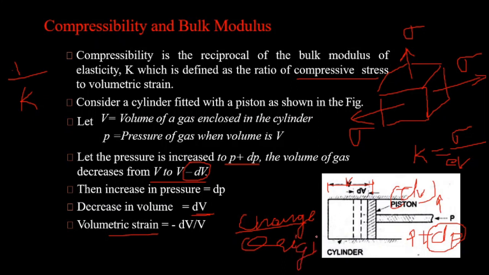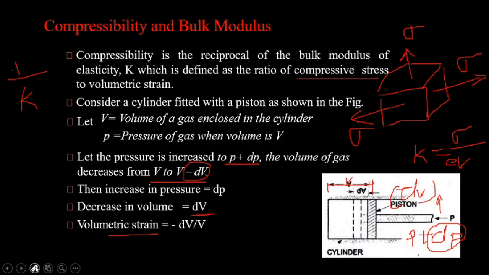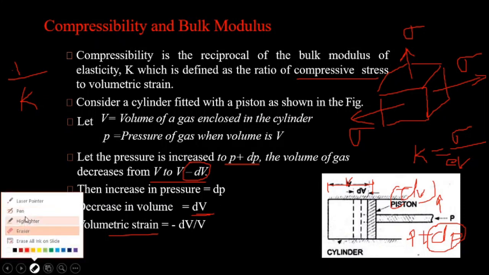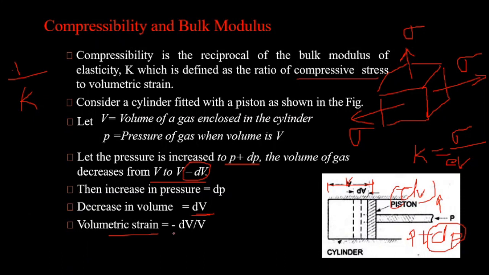I am writing with the mouse, so just listen. Volumetric strain means the change in volume to the original volume. So when the pressure is increased by dP, the decrease in volume is dV, and the volumetric strain is dV by V, that is, change in volume by original volume.